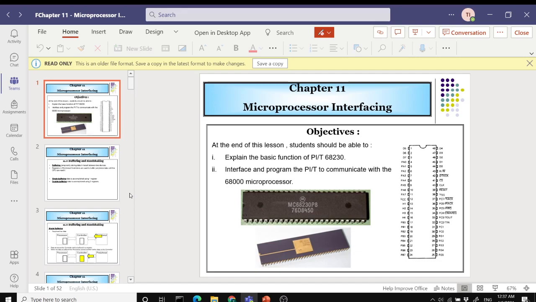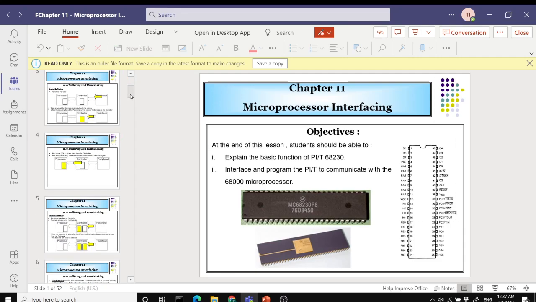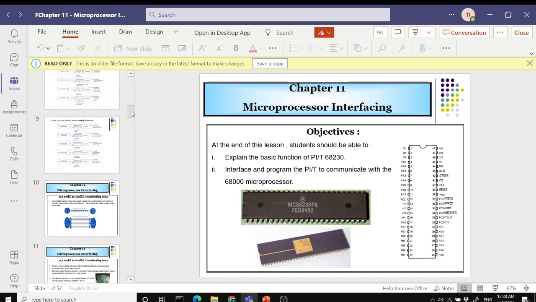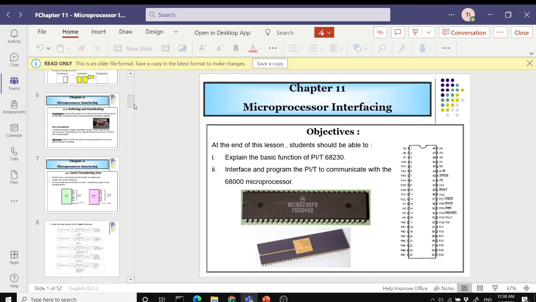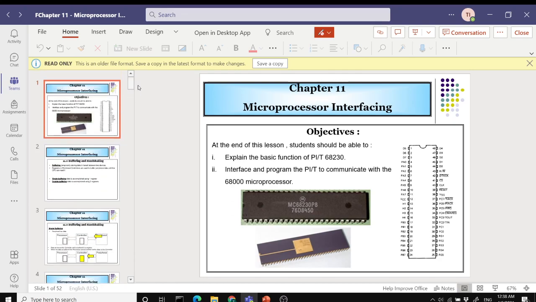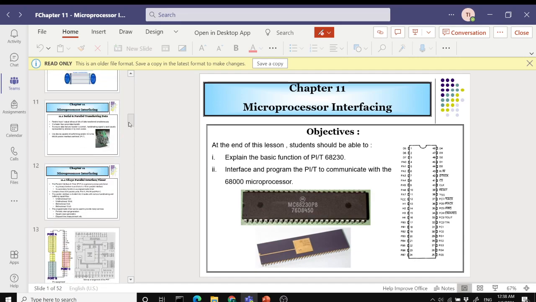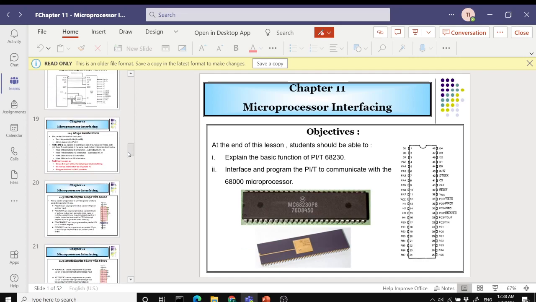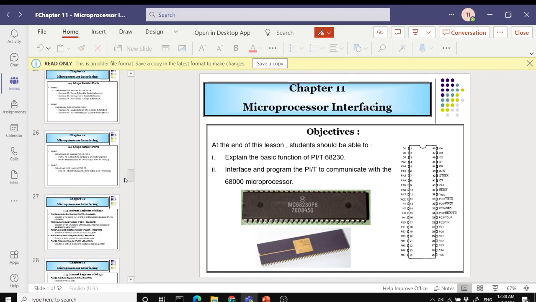Before I start with this last lecture for today, I just want to highlight that this chapter is a long chapter, but I'm going to cut it short, in which some of the parts in this chapter will not be covered today. Why?